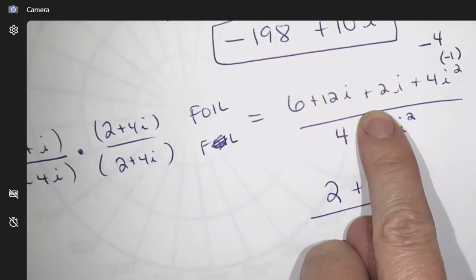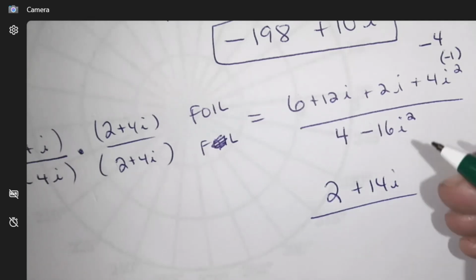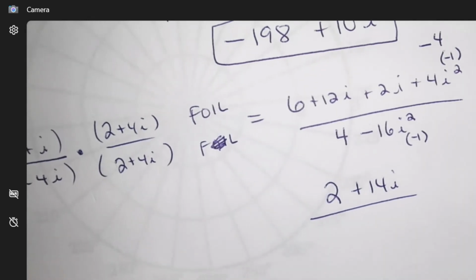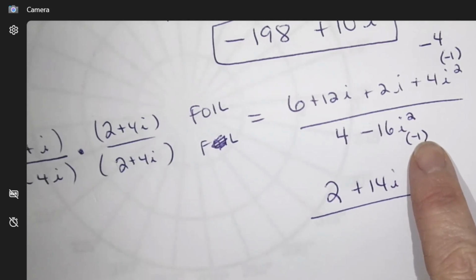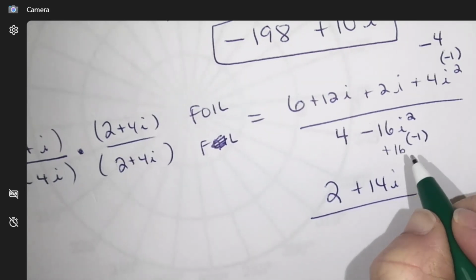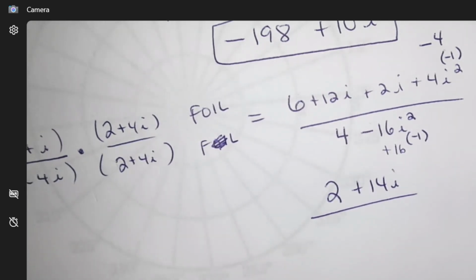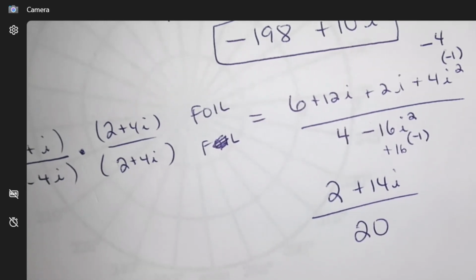And then I'm putting those together to be 49. Okay, I squared is -1. So this would really be a plus 16 number. Yay, good. So then the bottom will be 20.